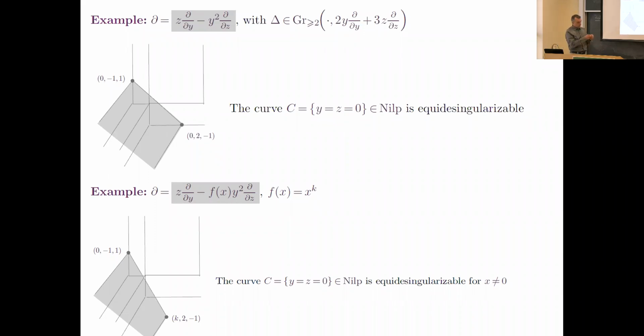So when you place yourself along a nilpotent curve which is inside the nilpotent locus, you can characterize completely this kind of situation by saying that except for a discrete set of points, you always have an equidesingularizable situation.